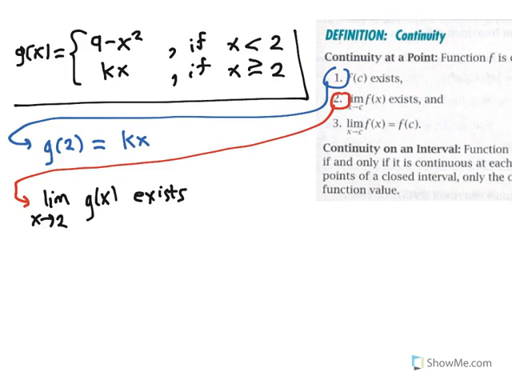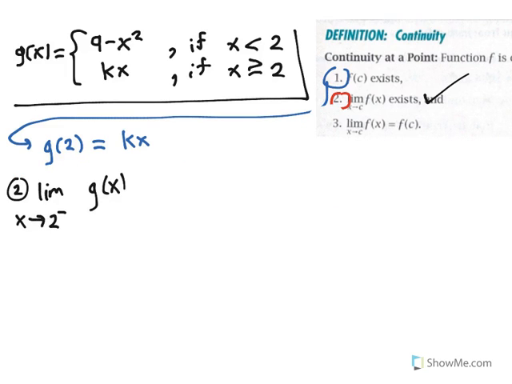And we've got to make sure that those two one-sided limits exist and are equal to each other so that the two-sided limit necessary for continuity will exist. So we're going to look at the left-sided limit of g of x and then the right-sided limit of g of x as x approaches 2.